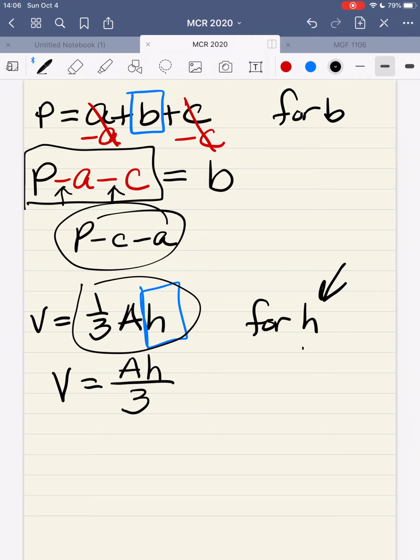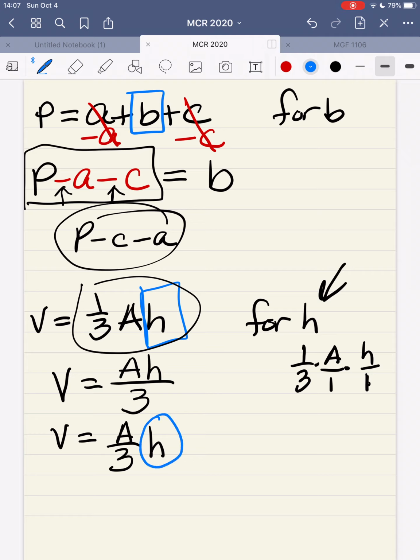Because 1/3 times A over 1 times H over 1, if we want to think of them as fractions. Which means I can also rewrite this, if I want, as a fraction times the variable I'm solving for. So this is very similar to what we did in fractional equations.